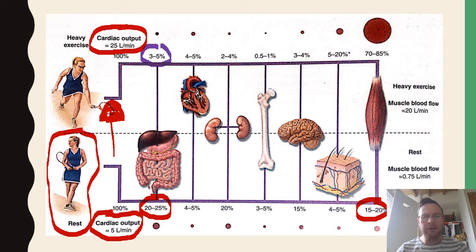Now, only 3 to 5% of blood is going to that digestive system, but now 85% is going to the muscle. So as we exercise, our body shuts down blood vessels going to the digestive tract, and the working muscles open up blood vessels to allow them to receive that increased blood flow.